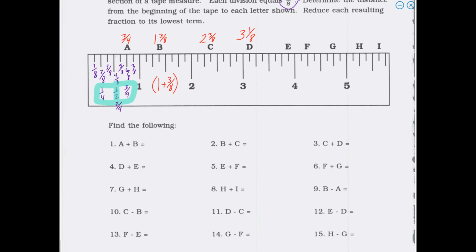So then down here, it's telling you that you're adding the measure of A, which is 3/4, to measure B, which is 1 3/8.